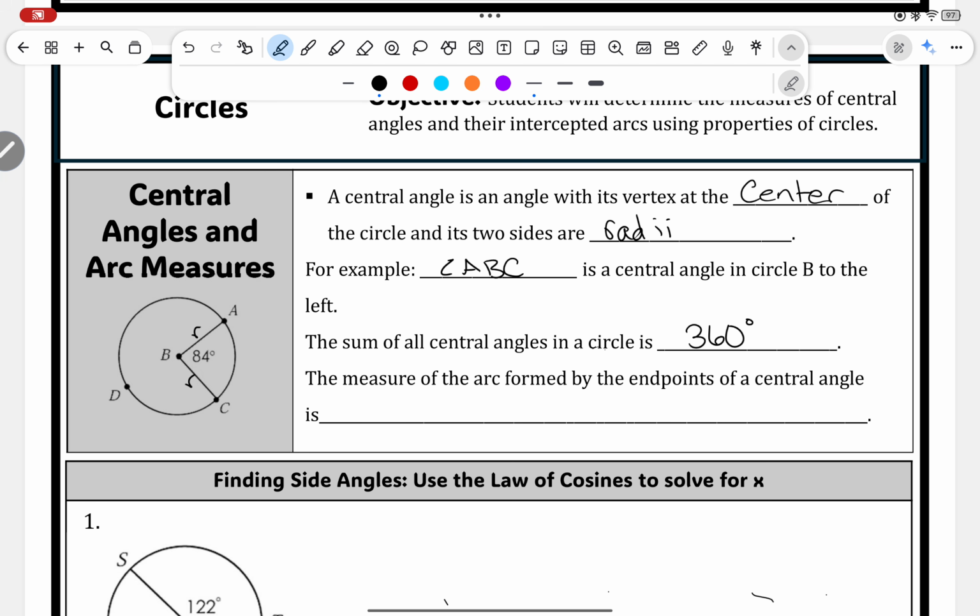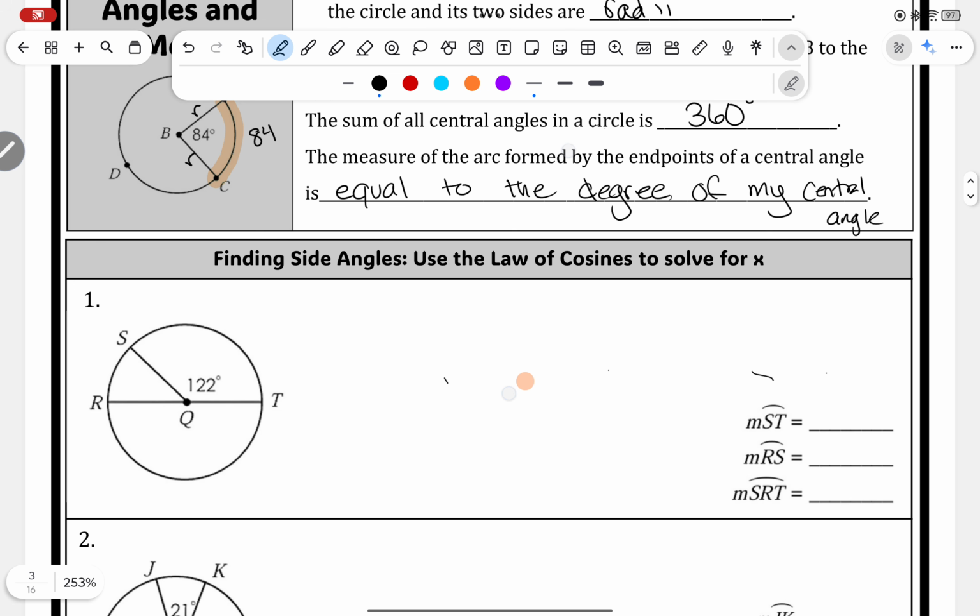The measurement of the arc formed by the endpoints of a central angle is equal to the degree of my central angle. So my angle measurement of 84 for angle ABC is also the same as my arc measurement for AC. So AC is also 84.